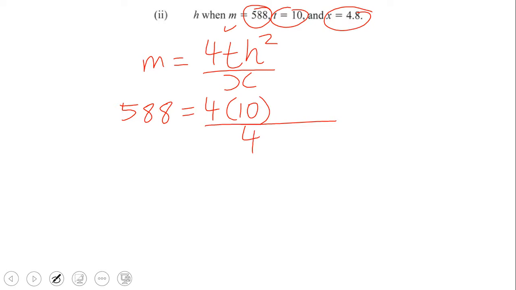We have nothing to replace H with, so it's still simply going to be H squared.